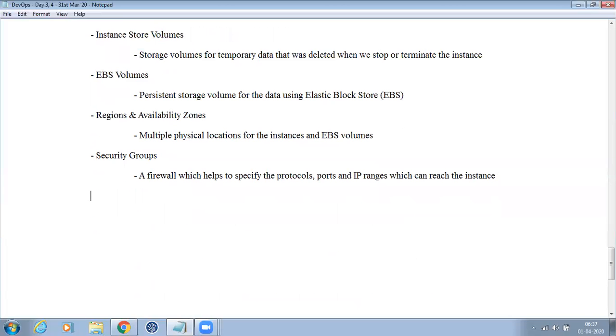That is the security group, nothing but a simple firewall.